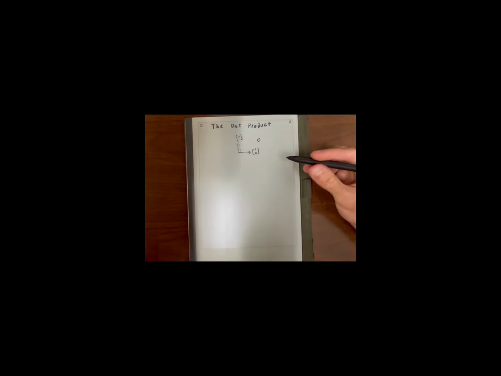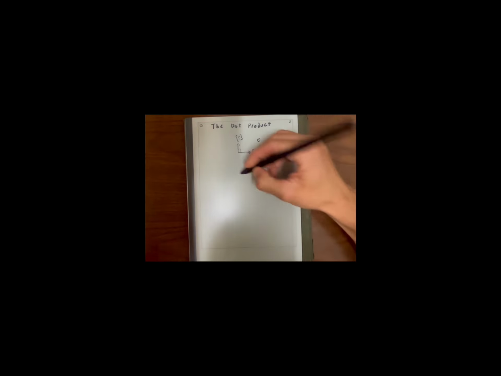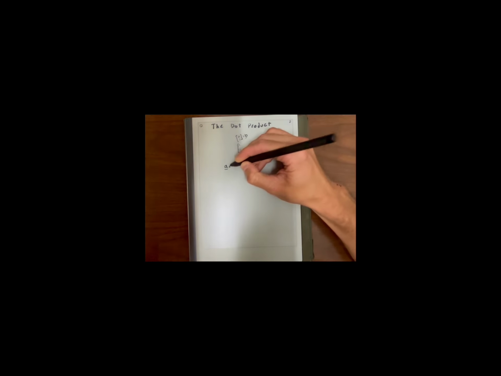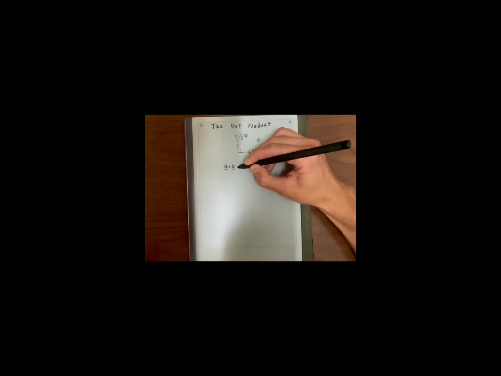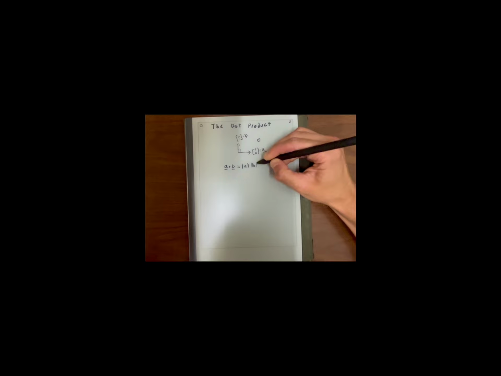Let's break this down further using the equation. You can define a dot product between 2 vectors, let's call them vector A and vector B, as vector A dotted with vector B is equal to the magnitude of A times the magnitude of B times the cosine of the angle between them. This cosine gives us some more information. What do we know about the cosine? Well, the cosine oscillates between 1 and 0, right?